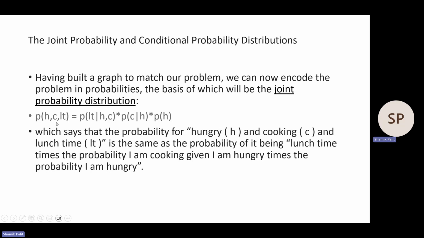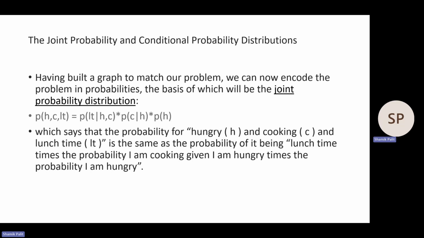That can be represented in the form of a joint probability distribution. If you just have a look at this equation, ultimately it consists of three different probabilities, and the first two are representing a conditional probability. So this is exactly the relationship between joint probability distribution and conditional probability distribution, isn't it?